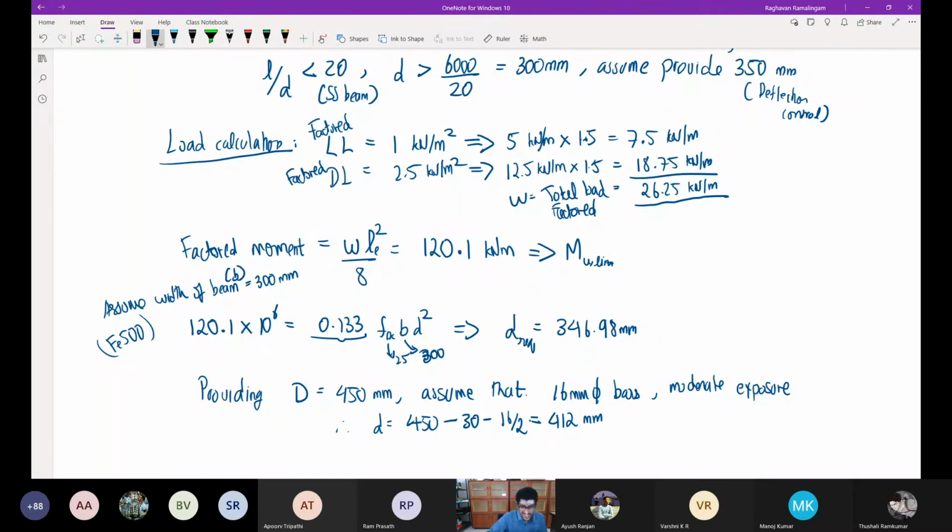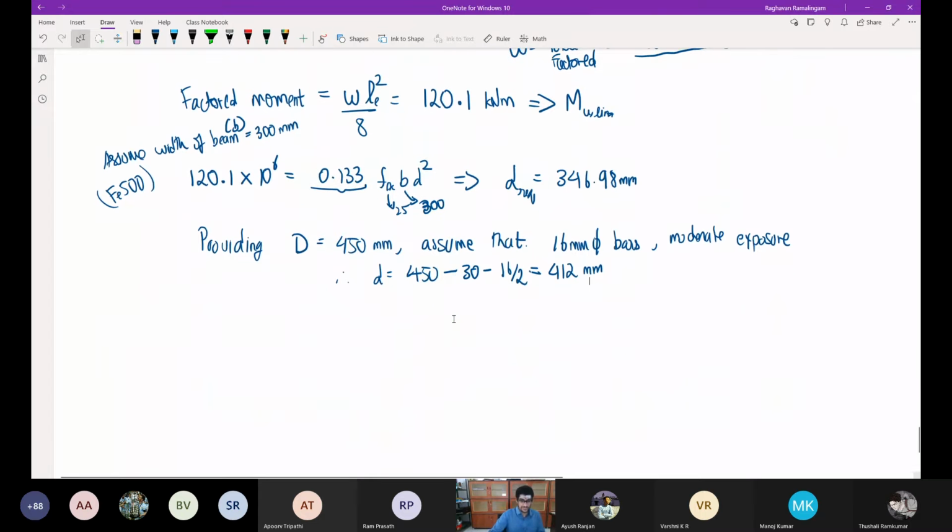It's 412, right? So our actual provided effective depth is 412 mm.